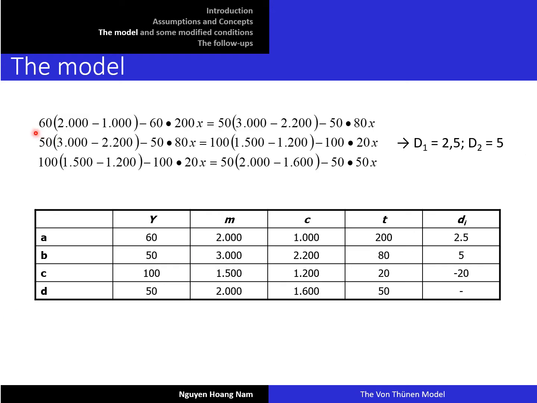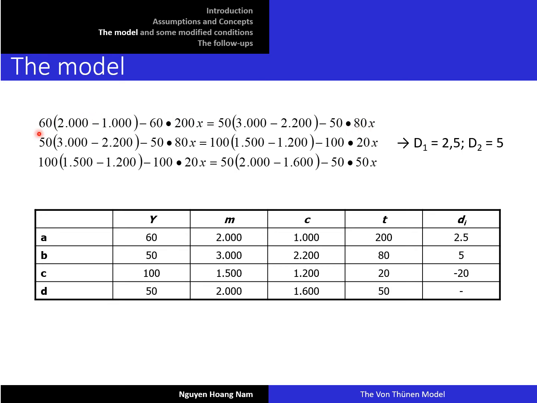Okay, in order to find the intersection between line A and line B, which is the location rent of crop A and the location rent of crop B, we need to put them together in one equation. This is the first equation. X here stands for dA. At the intersection with line B, dA equals dB at that point.